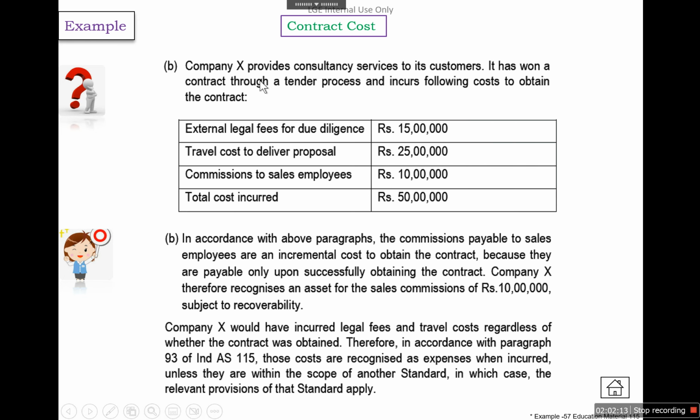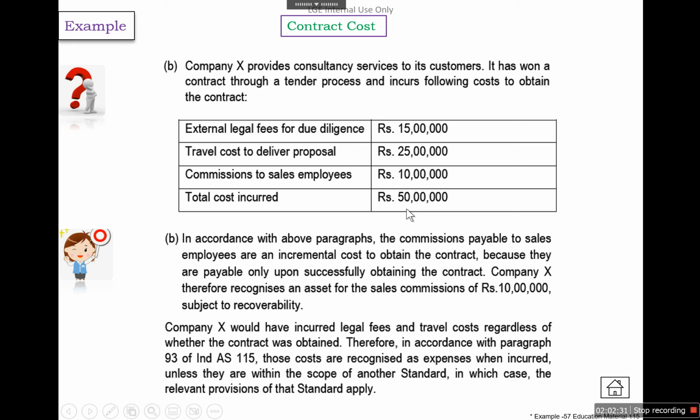Next, Company X provides consultancy services to its customer and has won a contract through a tender process and incurred the following costs. Legal fees 15 lakhs, travel cost 25 lakhs, commission to sales employees 10 lakhs, and total cost incurred 50 lakhs.